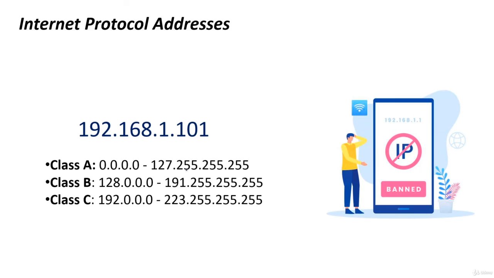Then we have class B. The range, as you can see here, is the range of class B, and it has a maximum of around, let me write it here, 1,048,567 hosts.